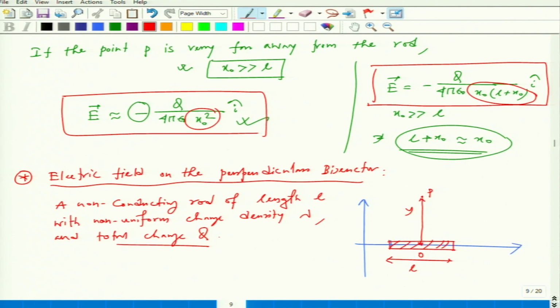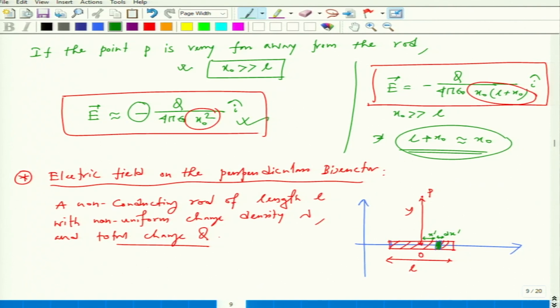So we first consider a small segment here, at a distance x prime from O, and the length of the segment is dx prime.